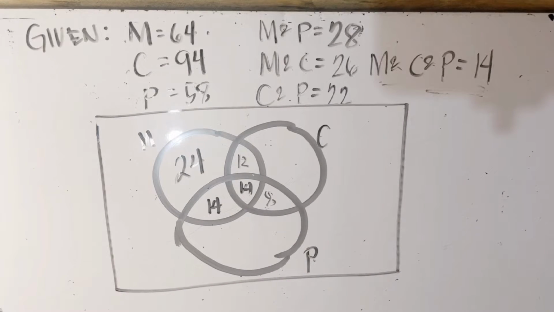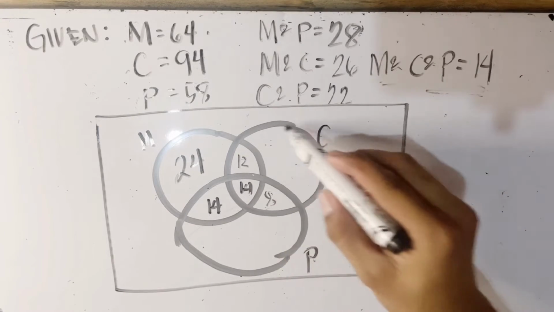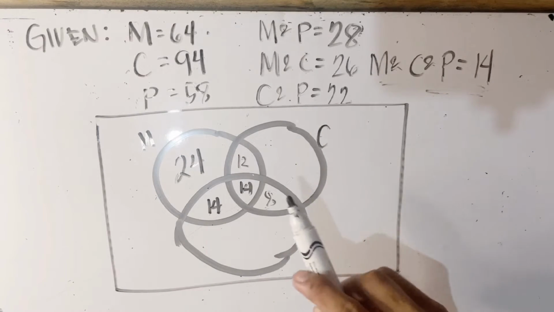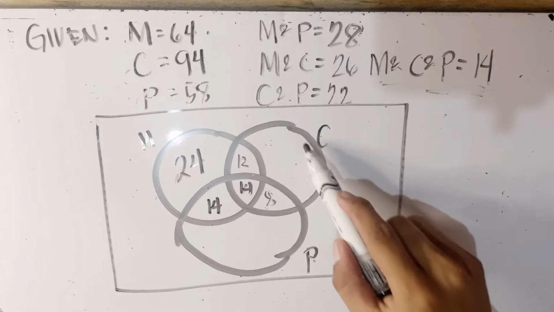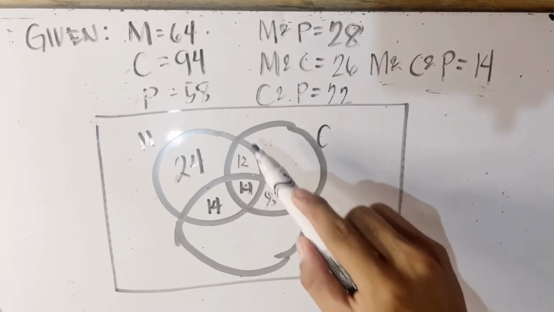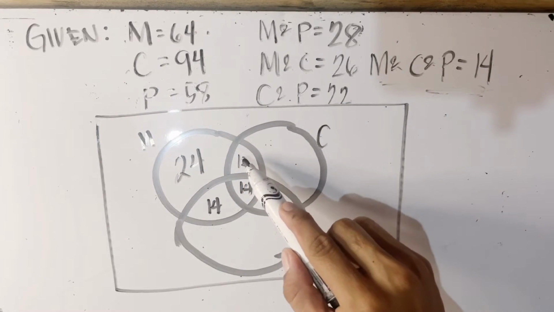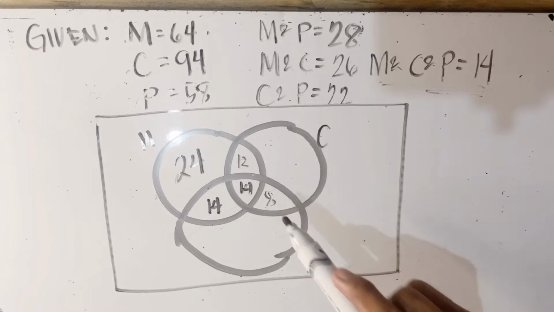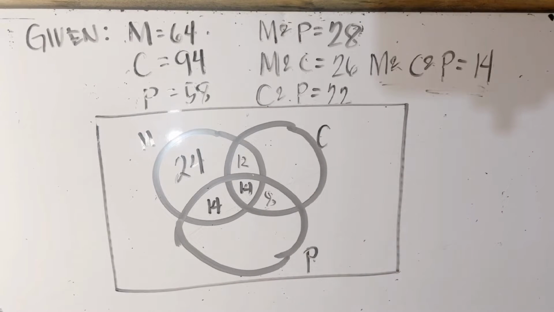Next, how about for this circle? This circle is equal to 94. So 94 minus 12, 14, and 8.